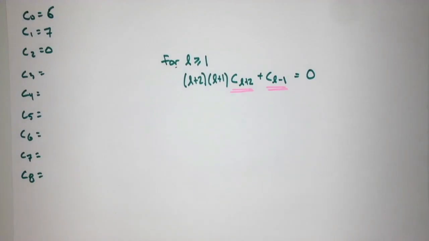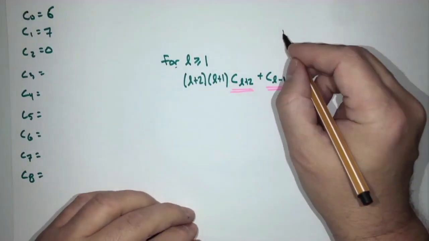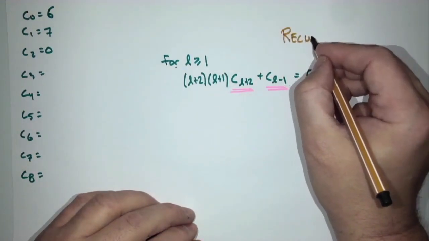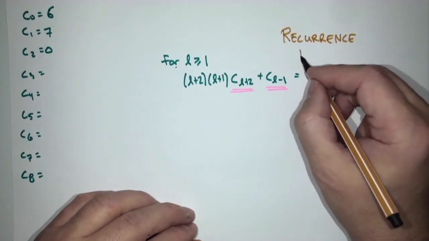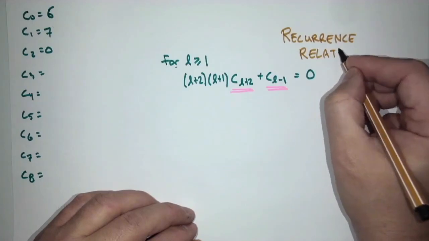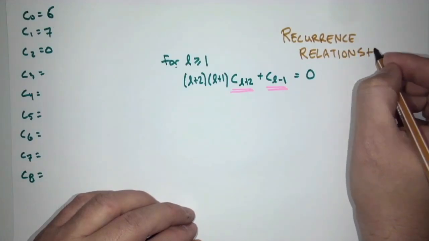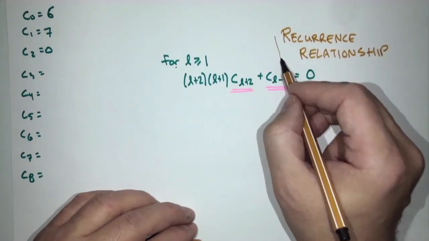So given that that's the case, there's a fancy word for this. There's something called a recurrence relationship, which says I want to rewrite a coefficient in terms of earlier coefficients. So that's the goal. We want to get a recurrence relationship going here.